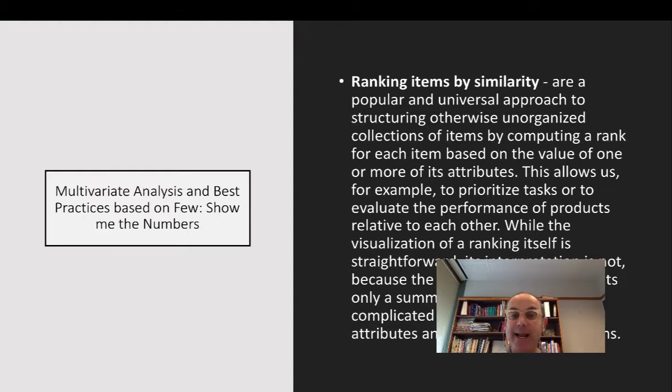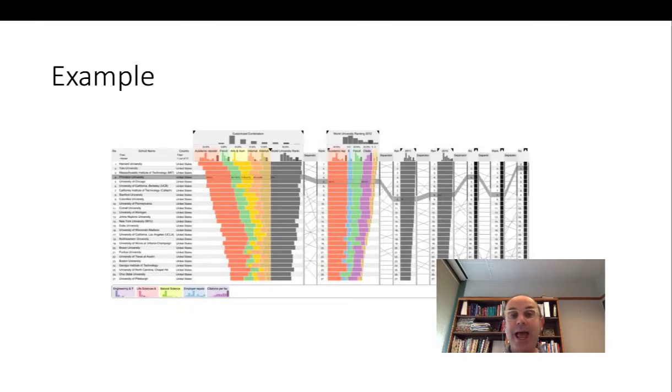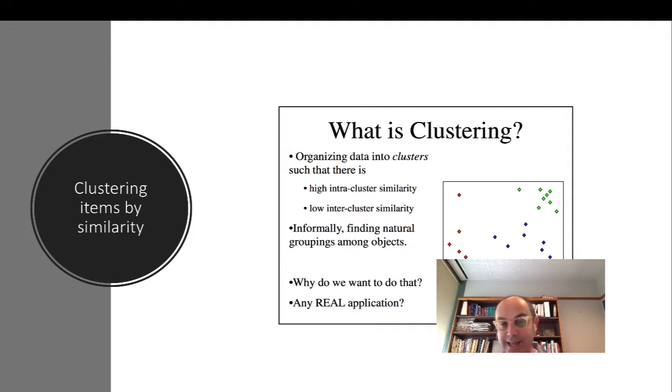So basically, according to our textbook, ranking can shape the size of the data and make it more clear. And it gives us a way to structure it and apply that.